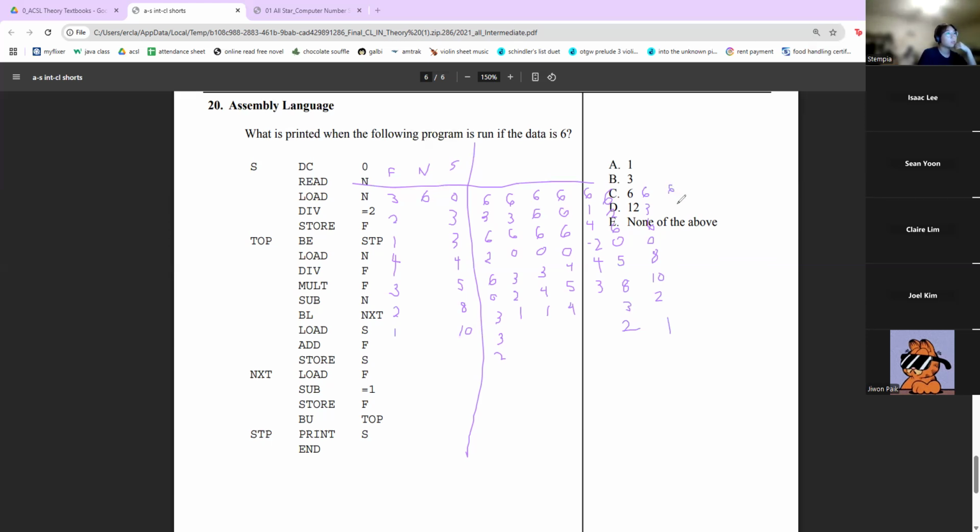Load N, divide by F, multiply by F, subtract N, it's not less than 0, so we're going to load S, add F, store this in F, load F again, which is 1, subtract 1, and store this in F. We go back up to the top where it is equal to 0.